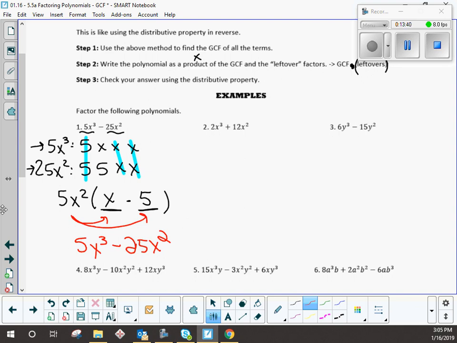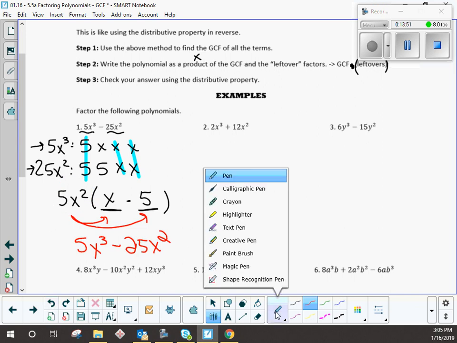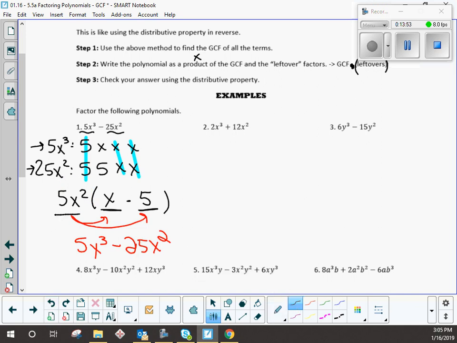Instead of multiplying something through, you're dividing something out. And that thing you're dividing out is the GCF. So that's your final answer right here. You try number 2.